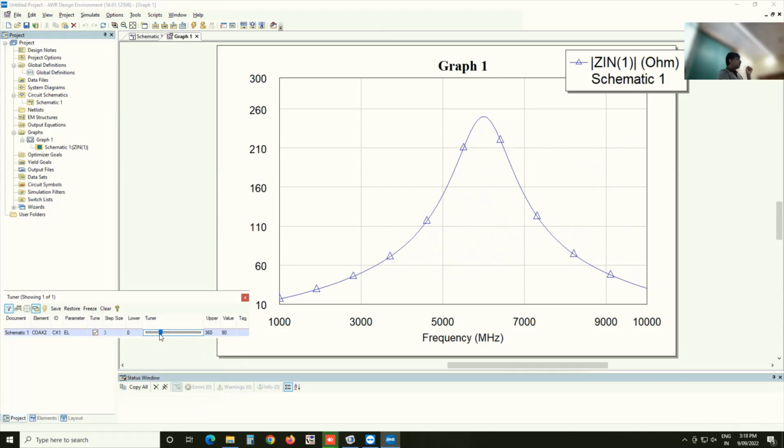Okay. And a 10 ohm resistor can look like a 260 ohm magnitude of impedance at this point, which is basically exactly at 6 gigahertz. And then it comes back down here as well.